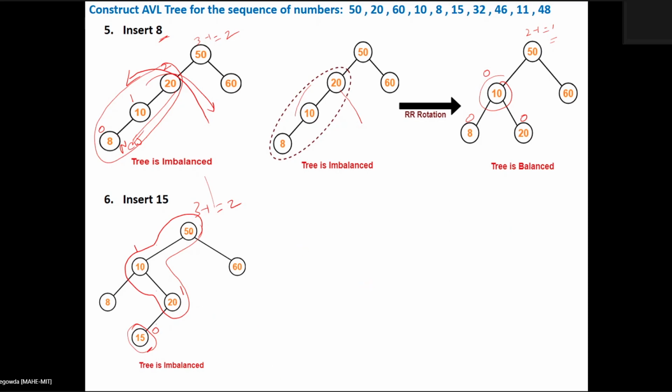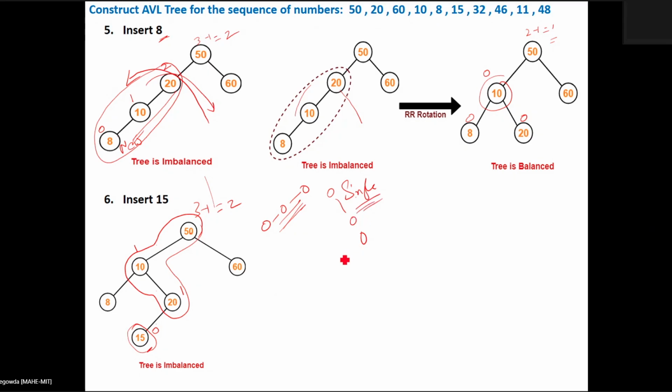Single rotations are used where, after inserting a node, the nodes are in the skewed form, either left skewed or right skewed. So in this case, you need to apply the single rotation.